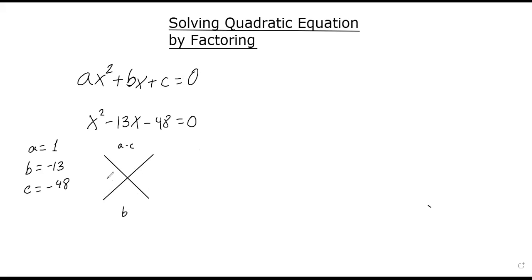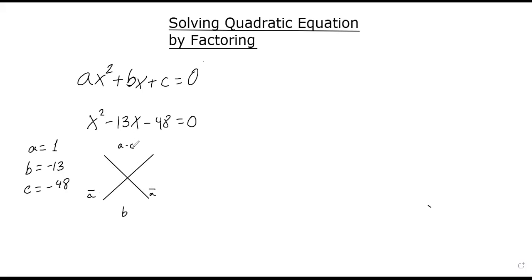Here, we're going to write b. And here, we're going to find 2 numbers. And those numbers are going to be divided by a. Whatever we find here, we have to divide by a. Let's write here over a, just to remember that. And let's start writing those numbers.